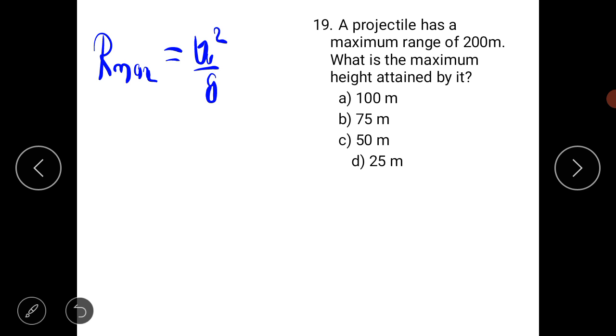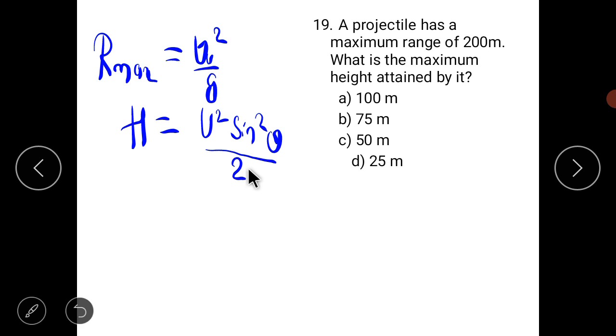Now we have to find H. H equal to what? V naught square sin square theta upon 2g.